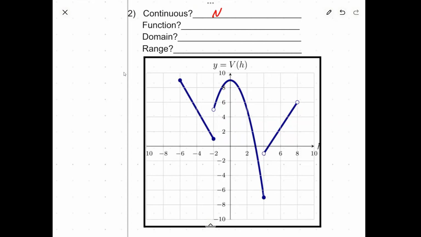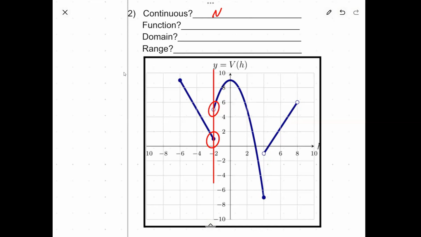Is this a function? Yes, it is a function. How do I know? Because it passes the vertical line test. Now, I'm going to look at the places where some students might get confused. I'm going to draw a vertical line here. Now, that vertical line only hits the graph in one place. The one place is here. This is an open circle, so I'm not hitting the graph there.